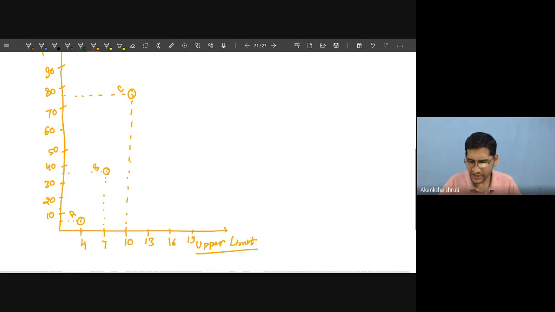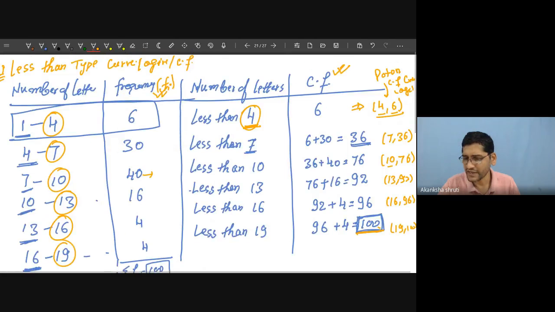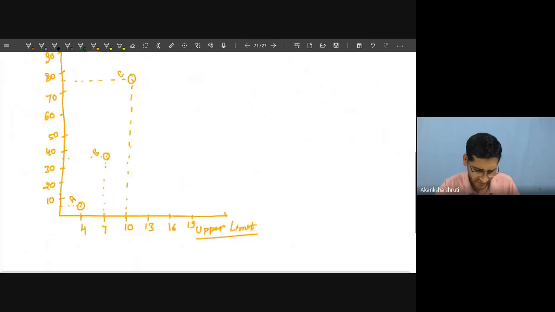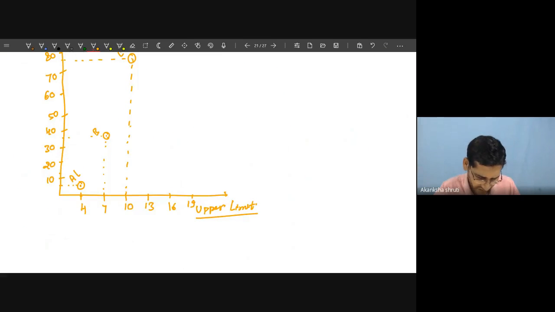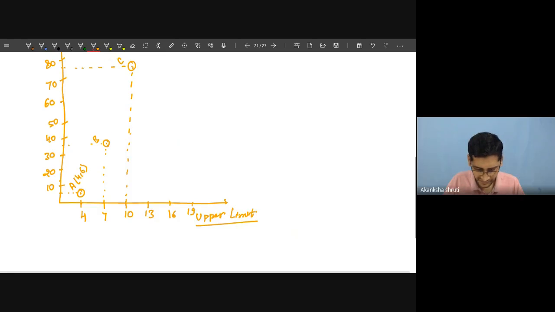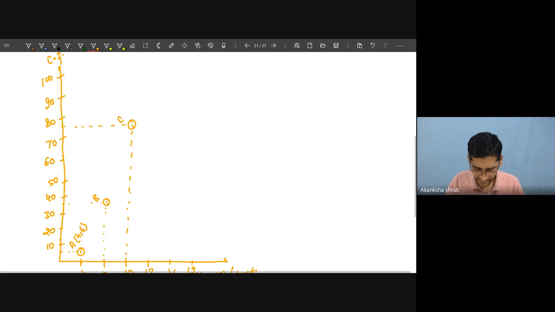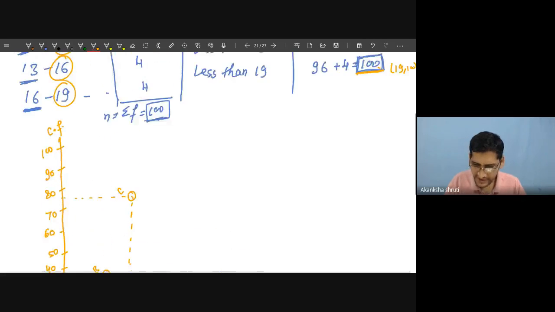You can plot these coordinates also, like 4, 6 and 7, 36. Or let me put this 4 and 6. Better habit is to write it here. That can give a better impression. Even you can leave it, but do not forget to write the alphabet over there. The next one is our 13.